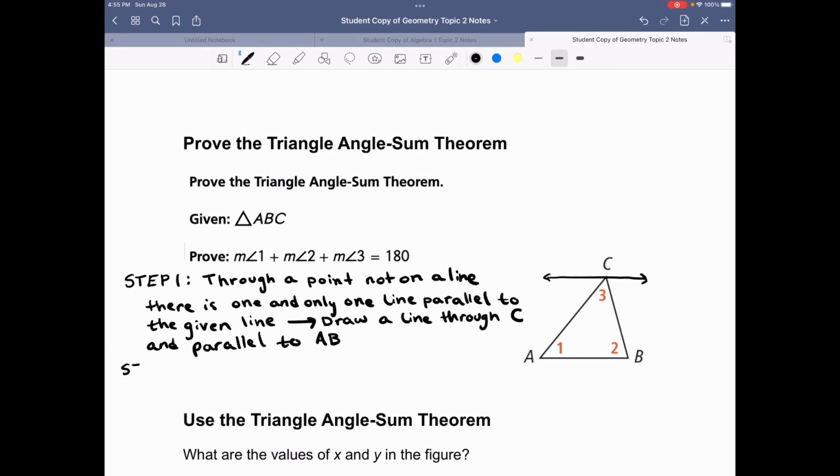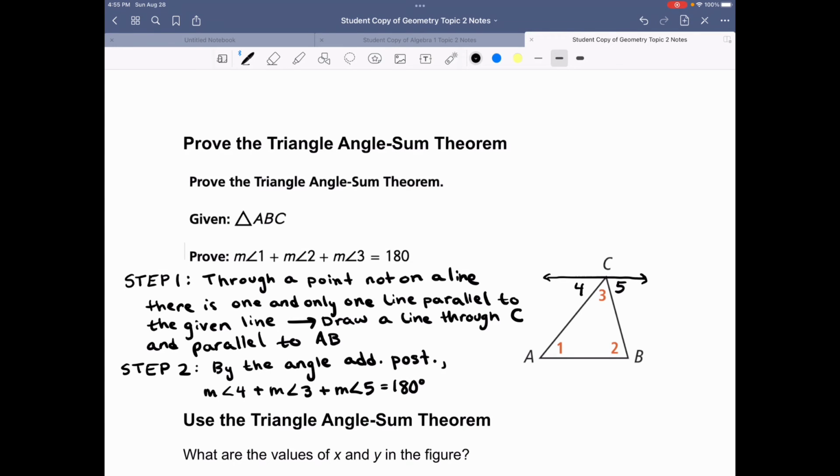Step 2. By the angle addition postulate, the measure of angle 4, which we'll put up here along with 5, plus the measure of angle 3, plus the measure of angle 5 is equal to 180 degrees.